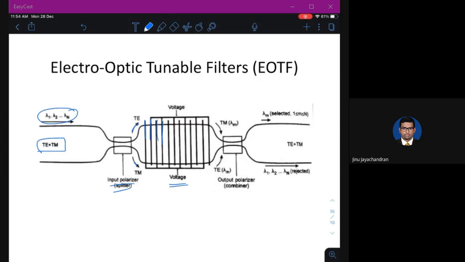It is also possible that there will be a change in the angle of polarization. So once it comes out, you see that the TE has changed to TM and TM has changed to TE. The output polarization splitter is basically a combiner. So when it combines, all the desired wavelengths will appear in one branch, and the rejected wavelengths will appear in the other branch. This is called an electro-optic tunable filter.